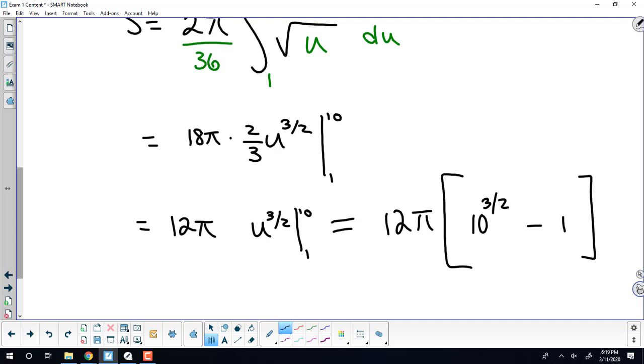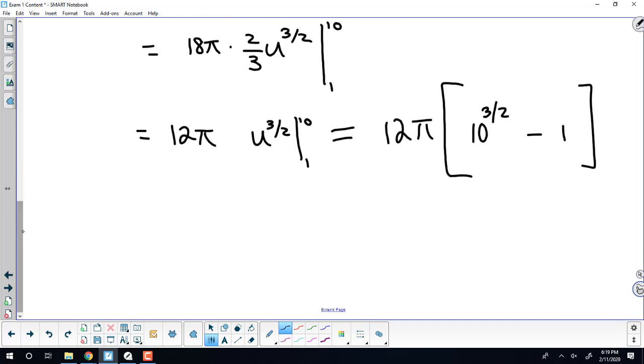This is the square root of something cubed, remember, is this right here. So we have 2 of those, we can take it out.